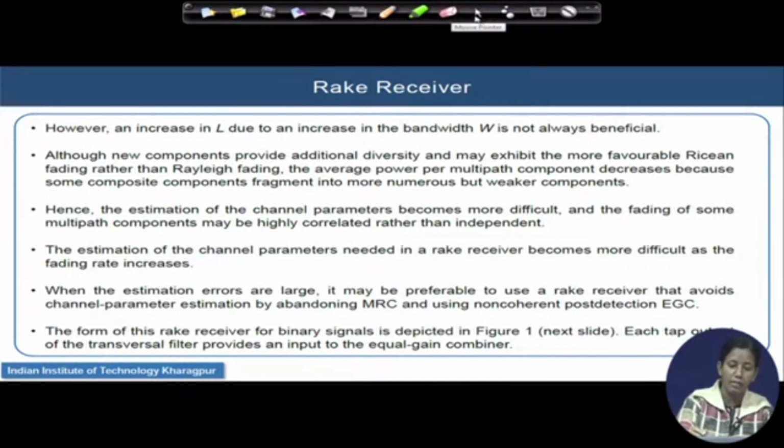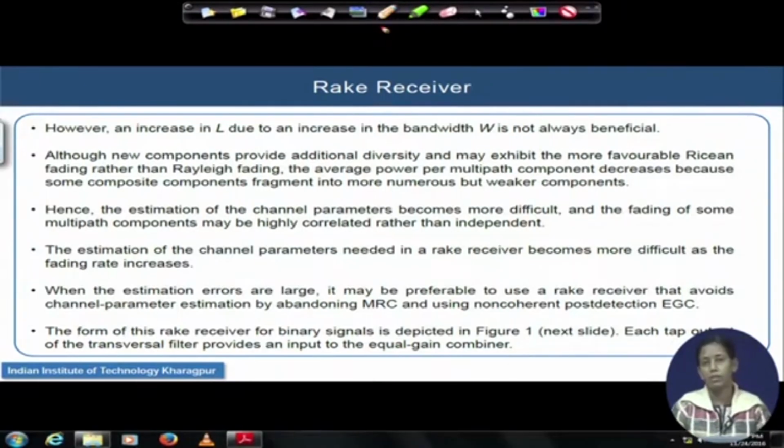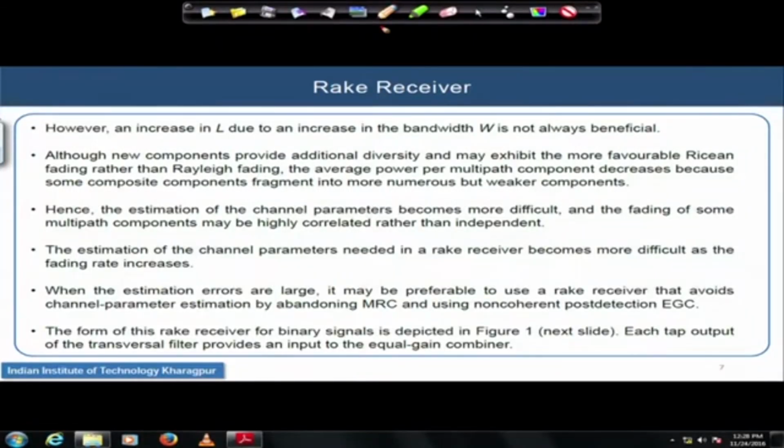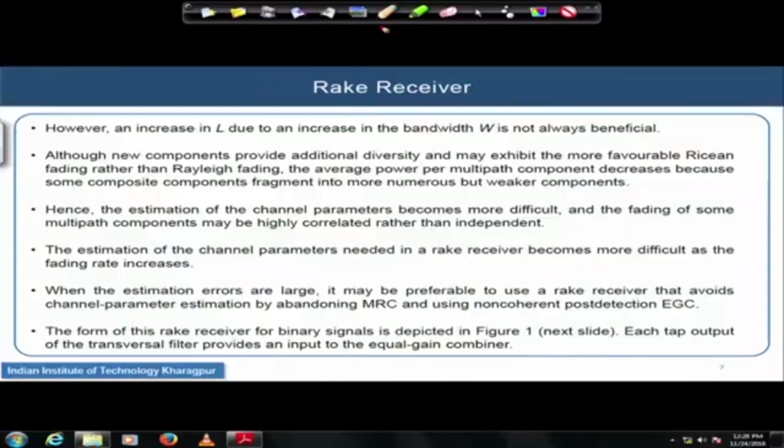L can increase in two ways, right? One is that some changes have happened in the scattering environment, and the other is that W has changed. If the change is because of W only, then it is not a good situation for the receiver. And if it comes from multiple paths arising from the environment, then it is beneficial, because some of the paths may give a very good return after reflection.